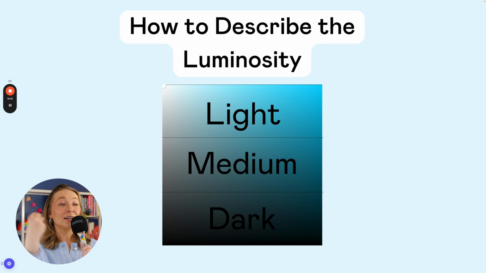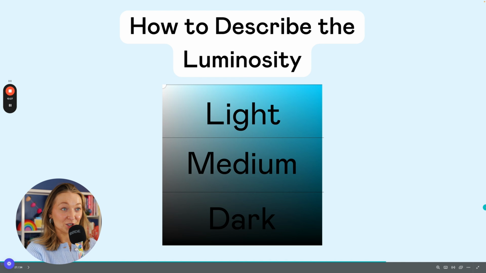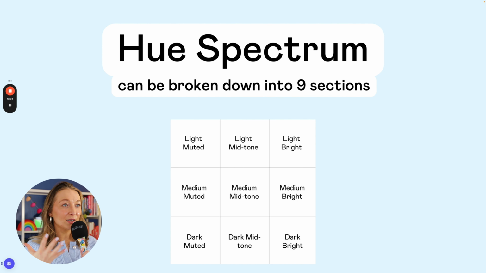Likewise, you can describe luminosity by splitting up the hue spectrum into 3 rows. So the top row is going to show you all the light colors, the middle row is going to show you medium, and the bottom row is going to show you dark. So the hue spectrum can be broken down into 9 sections, and in each one of these sections, you can use a word to describe its saturation and its luminosity.